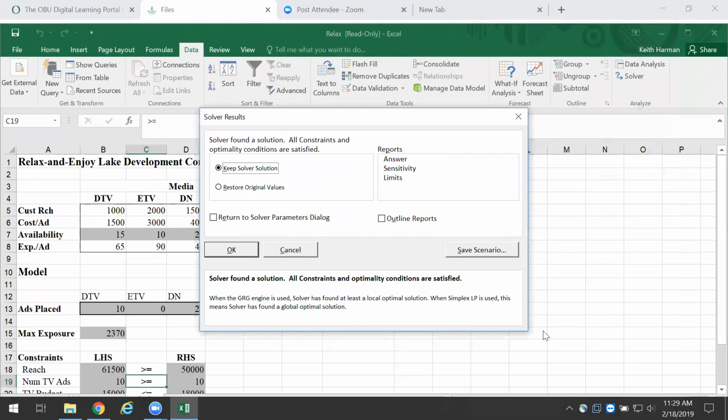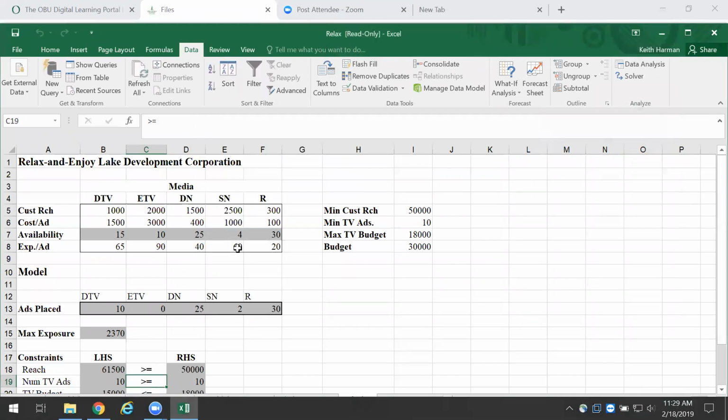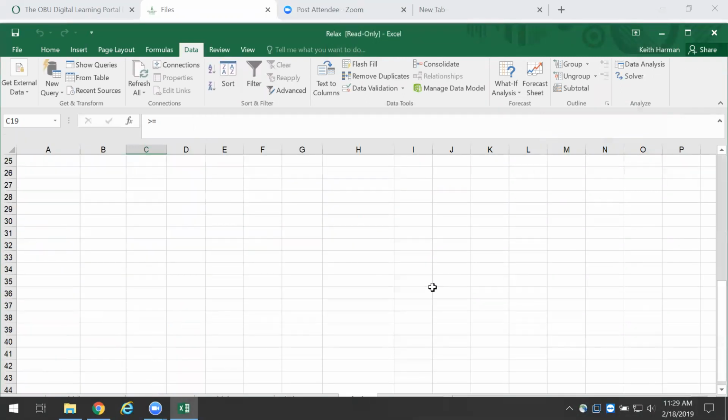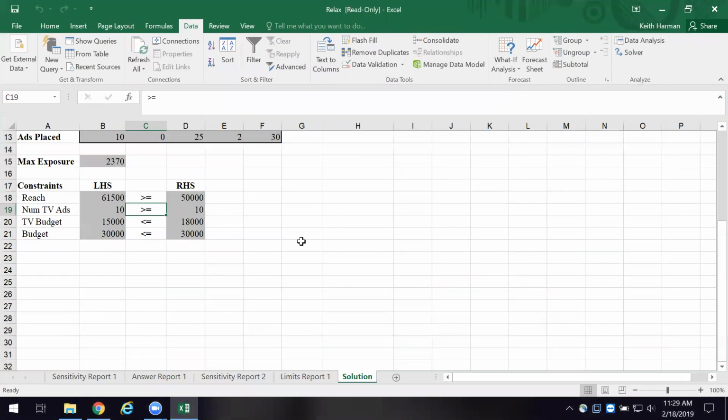Now, as you see there, once it identifies and tells us we have a solution, we can get the following reports: the answer, the sensitivity, and the limits. Okay? And we'll click OK. It's going to generate those reports for us, and they'll show up for us at the bottom in the tabs. Got it?